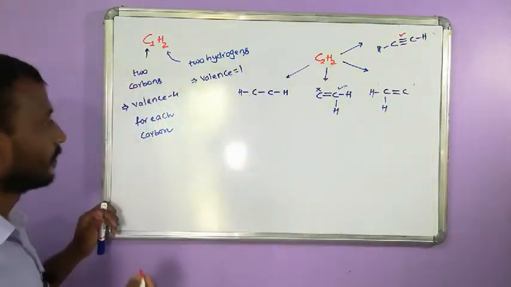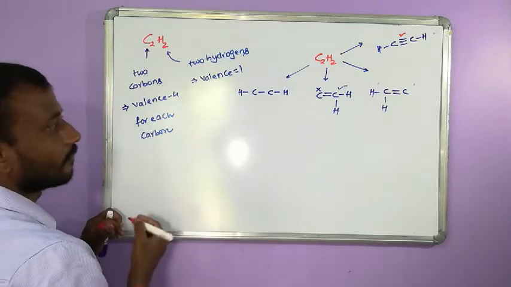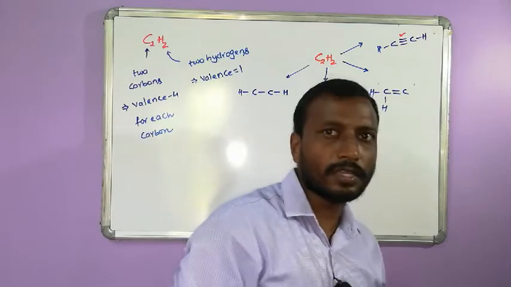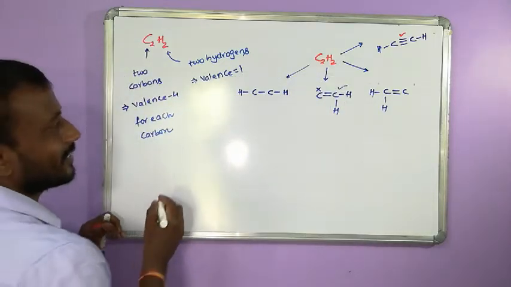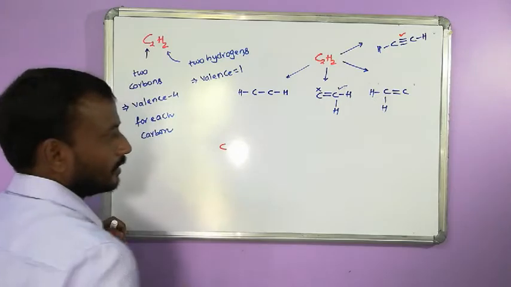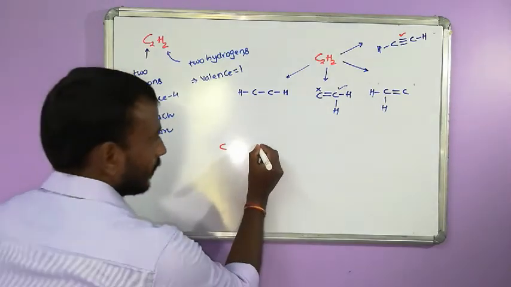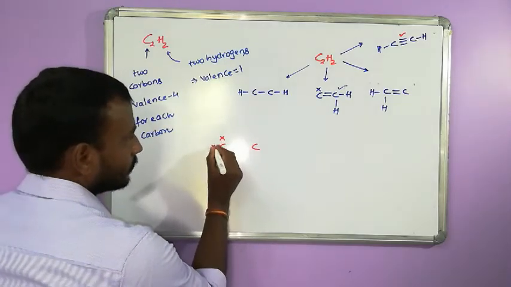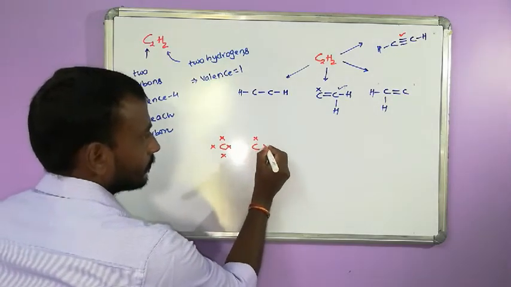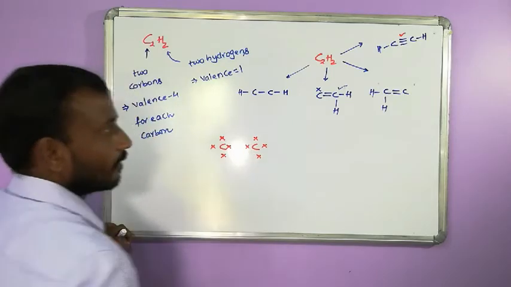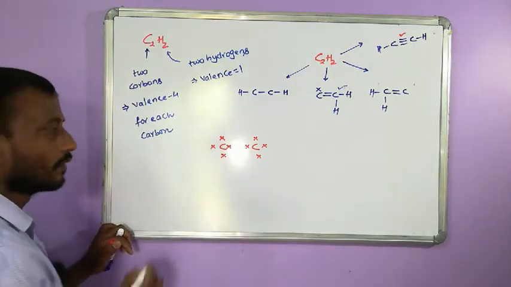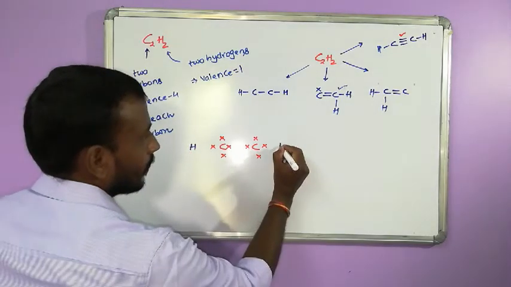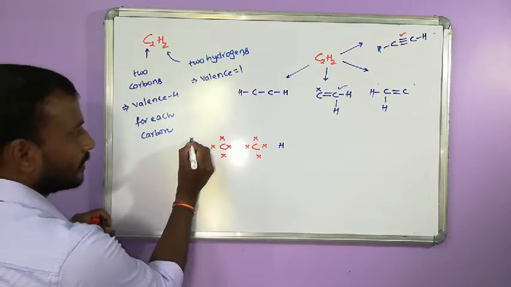How to write? How do you arrive at that structure? First of all, whenever more than 1 carbon is there, write this skeleton structure: carbon, 4 valence electrons, and hydrogens, 1 valence electron each.